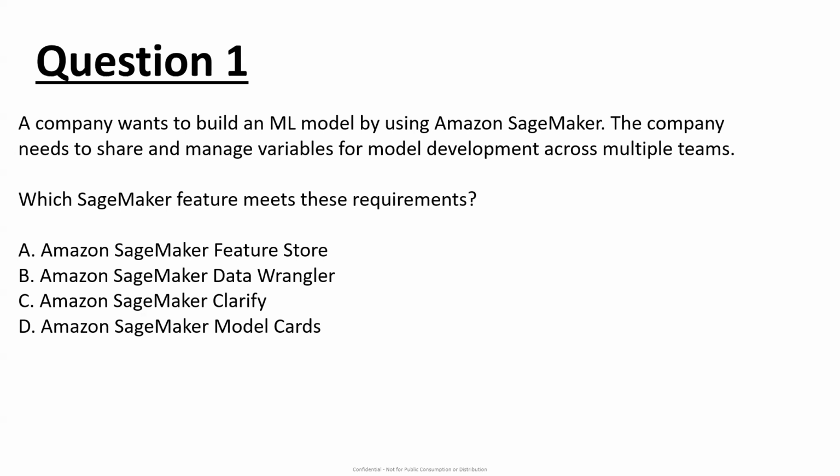Just think about what I told already: here it is trying to share and manage variables. Obviously, this means we need to store these things somewhere, right? If storing data or this kind of thing is asked in the question, you should think about SageMaker Feature Store.